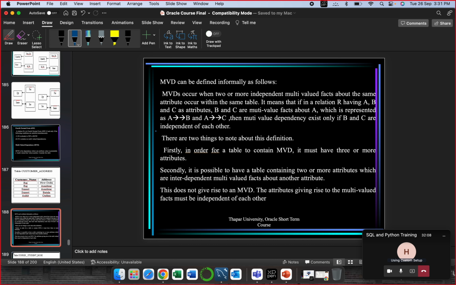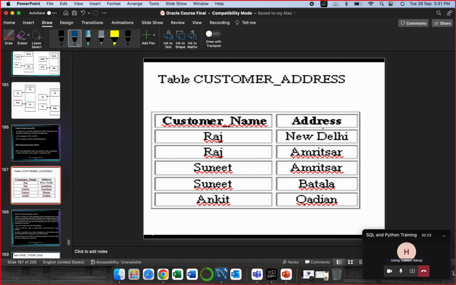What I'm reading over here means that if in a relation R having A, B, and C as attributes, B and C are multi-value facts about A. Over here, this is A, this is B. So there are multi-value facts in B for A. I have New Delhi, I have Amritsar. Again for Suneet, he's staying in Amritsar, he's staying in Batala.